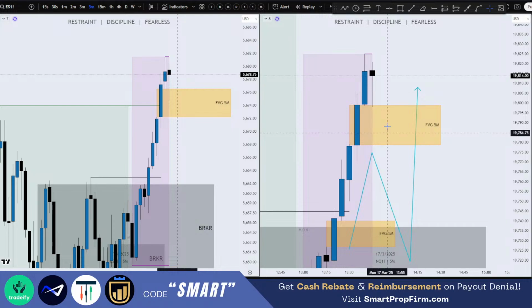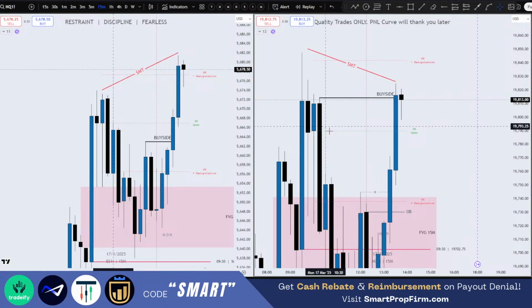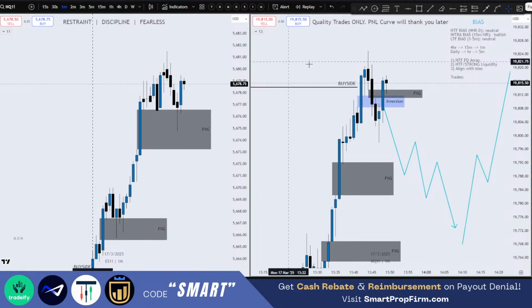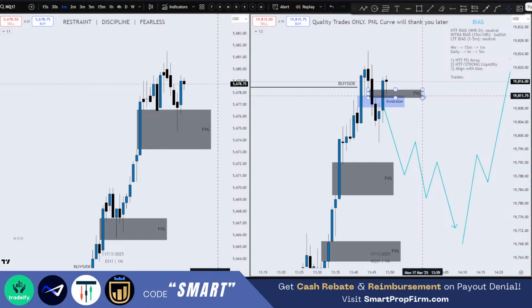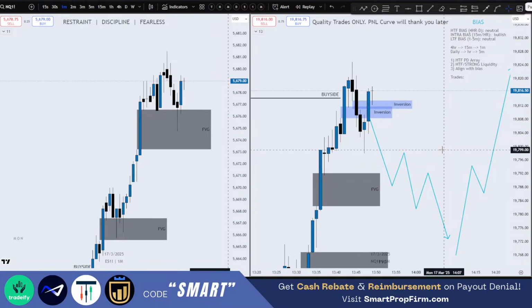I want a bigger drive inside this 5-minute for me to be convicted for a rebound higher. Next 15-minute closure, let's see. This is already flipped back up too. This is still looking higher here.